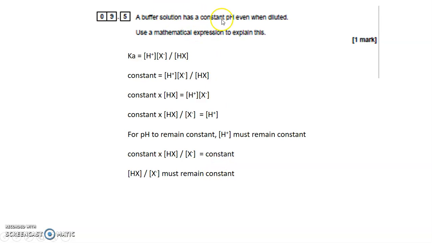A buffer solution has a constant pH, so H+ has stayed the same. If H+ must remain constant, then HX divided by X− is a constant. So what you're arriving at is HX concentration divided by X− must remain a constant. That is what they're after for a mark.